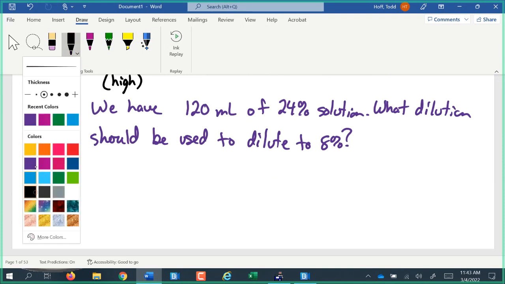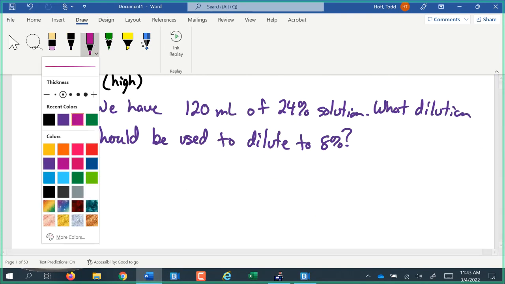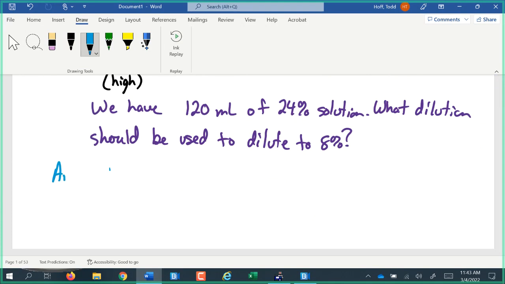And what we did on Wednesday was we looked back at that solution formula: the amount of serum is equal to the concentration. Remember, concentration is just the percent written as a rate or decimal times the total volume.